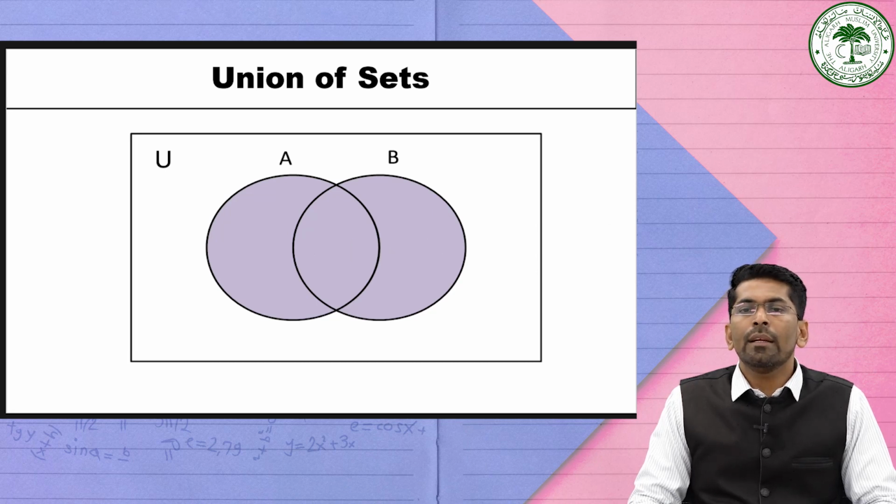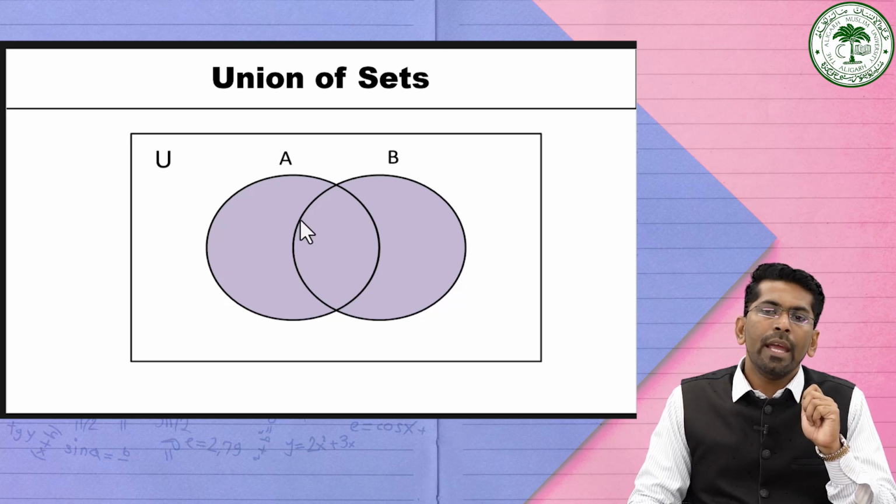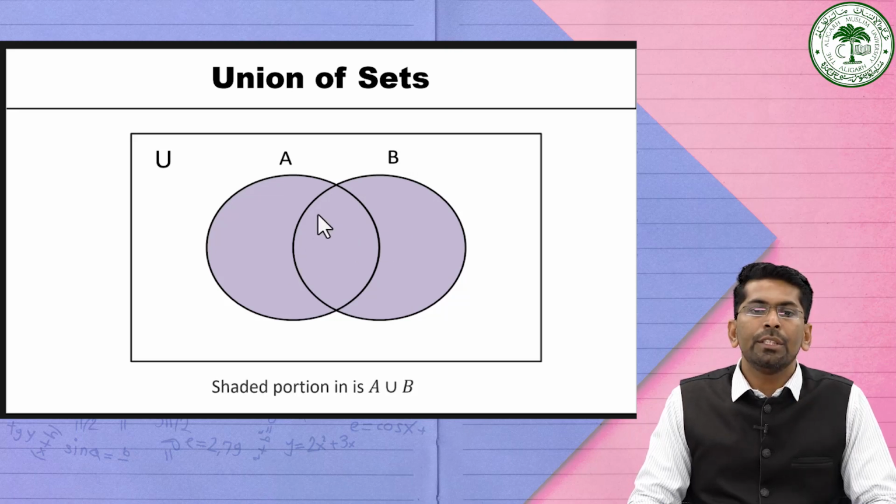So the union consists of all elements from both sets, including the overlapping region, which represents the common elements shared by both sets. Therefore, A union B is the shaded area in the given Venn diagram. So this entire area will be considered as A union B as per the Venn diagram.